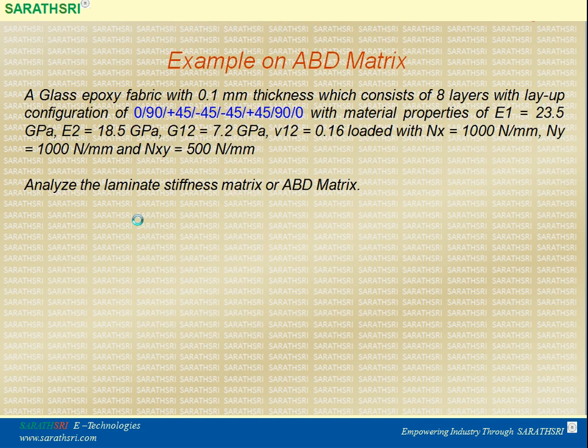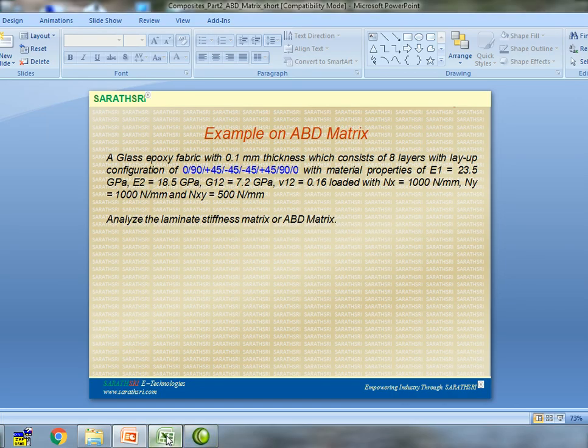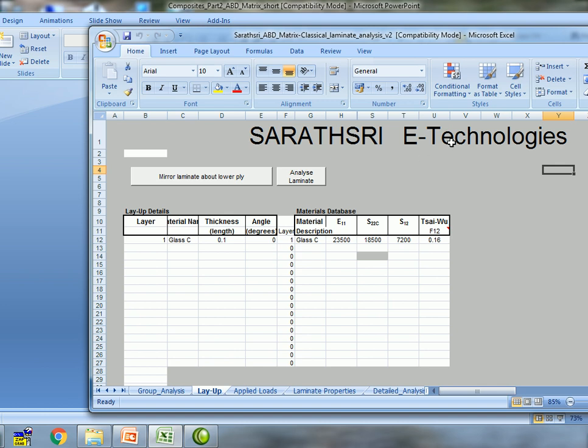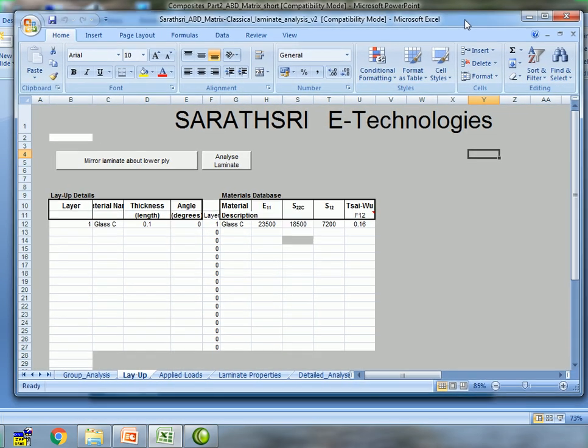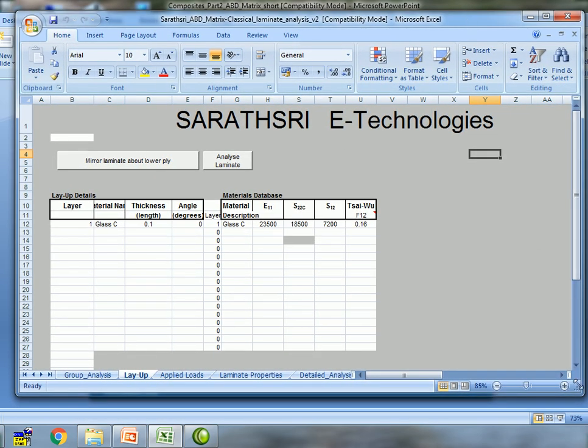So far we have discussed all aspects of the ABD matrix. Let us take a practical example of this ABD matrix and see how it behaves in a practical scenario. Given this configuration, let us take a glass material with these ply properties.